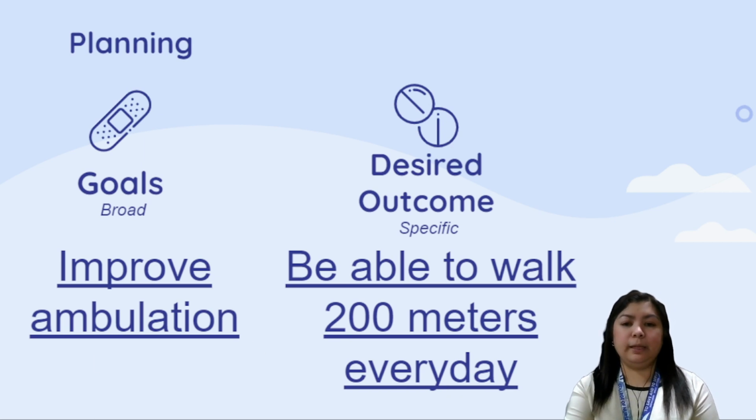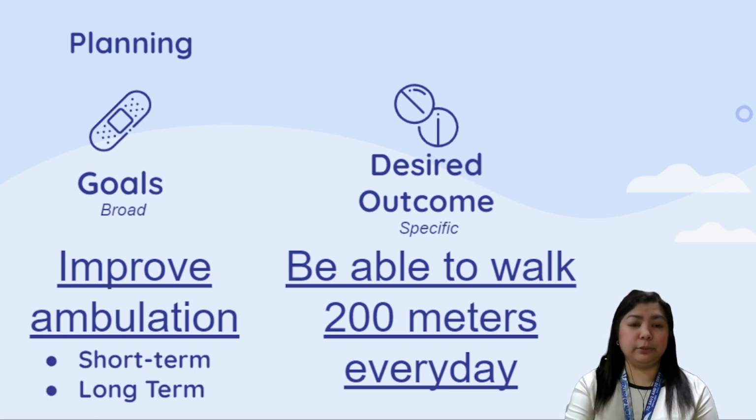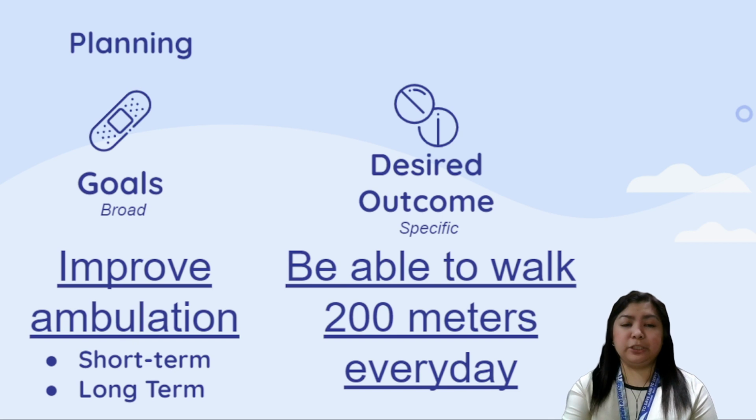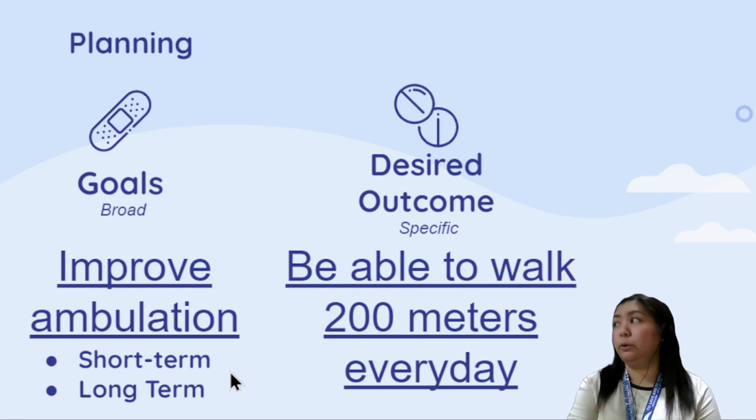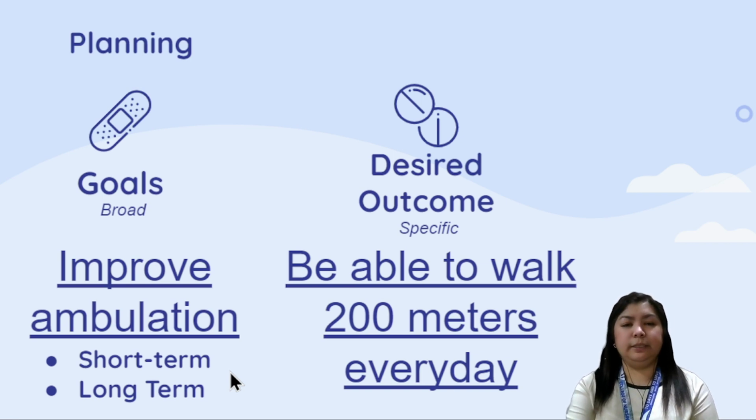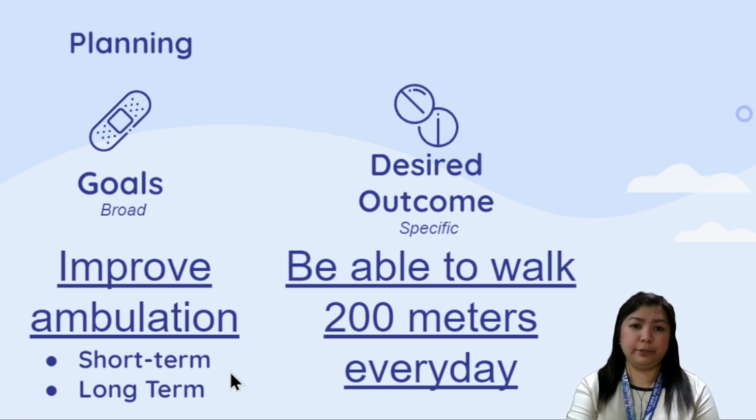Now, there are two types of goals. Those that can be achieved in a short period of time are called short-term goals. This can be in days, in hours, or in less than a week or so. So this is applicable to patients that require health care for a shorter period of time.